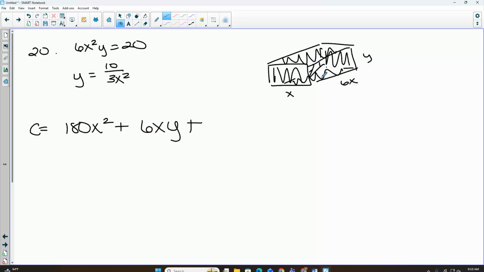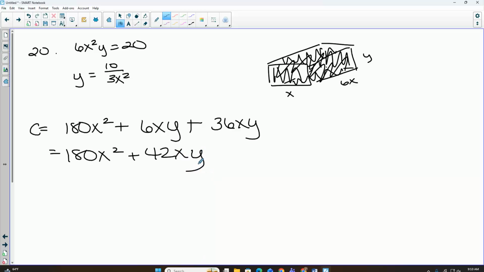Okay, the sides is 6xy and 6xy, so 12xy, and that costs $3, so that's 36xy. Okay, so I pretty much left you here, I just hadn't added all the like terms yet. Now we can plug in the y.